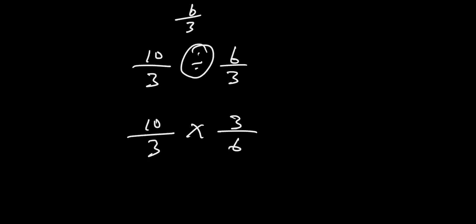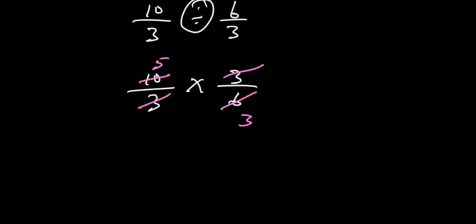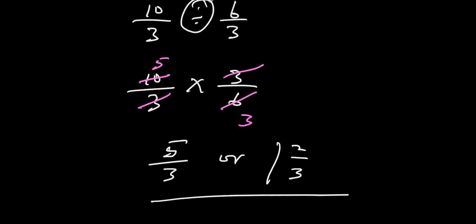So 3 can cancel 3 from here. 6 divided by 2 is 3. 10 divided by 2 is 5. So finally, our answer is going to be 5 over 3. So this is the answer to this question, and I hope it makes some sense.